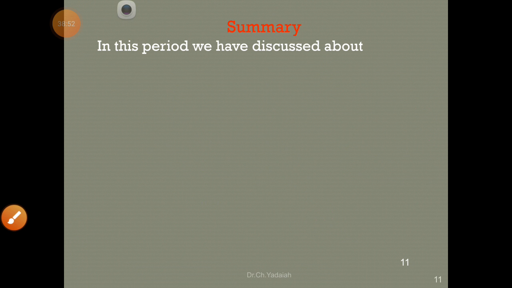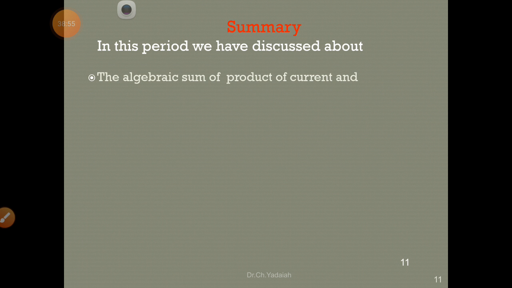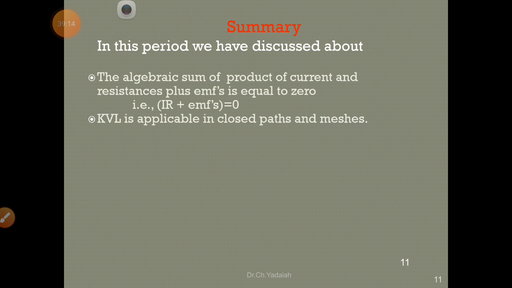Okay, so let us summarize what we have seen in this class. We discussed the algebraic sum of the product of current and resistance plus EMF is equal to 0. That is the definition of KVL: IR drops plus EMF is equal to 0. KVL is applicable in closed paths and meshes only.